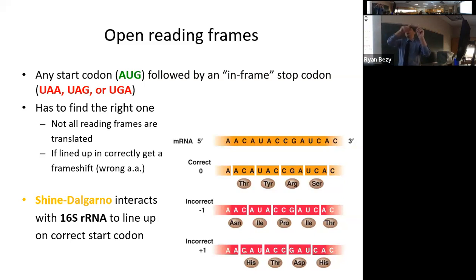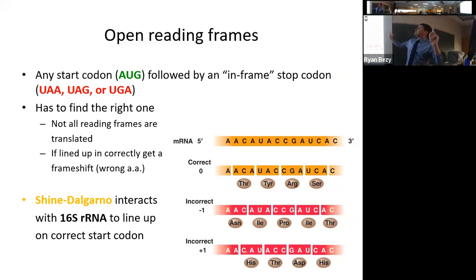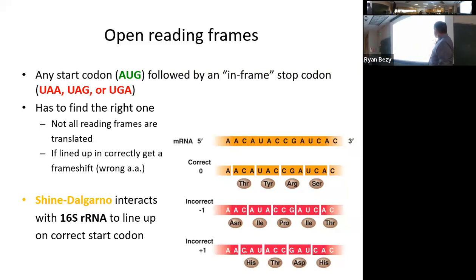The reading frame, or coding sequence, continues until you reach what is called an in-frame stop codon, one of the 3 stop codons: UAA, UAG, or UGA. If you read it correctly, you get a start codon, then you read it from that point on 3 bases at a time. The ribosome reads 3, then slides over to the next 3, and then the next 3.